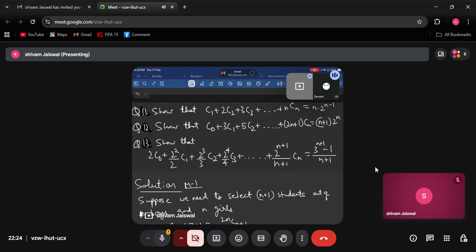Devang, your answer is correct. Raktim, your answer is correct. I think only Anandit is left. Anandit, should I start?